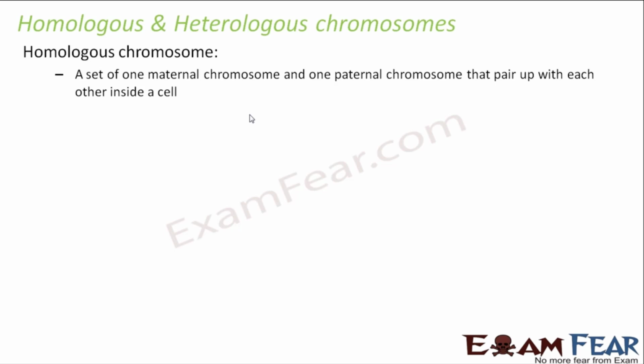Now the word homo itself means something which is similar. So a set of one maternal chromosome, that means the chromosome from mother, and one paternal chromosome, that is the chromosome from father, that pair up with each other inside a cell. I am talking of diploid cells, because only diploid cells will have two sets of chromosomes.